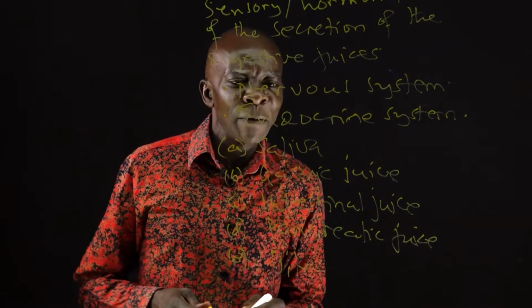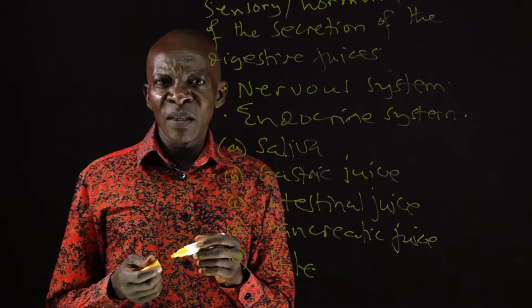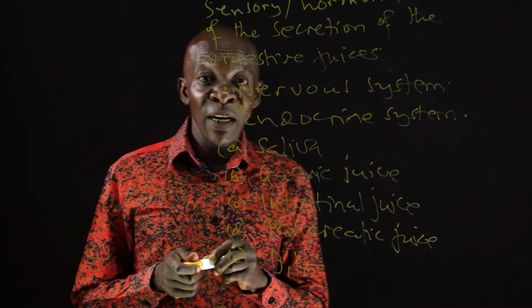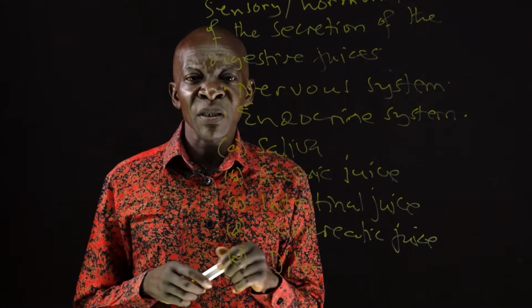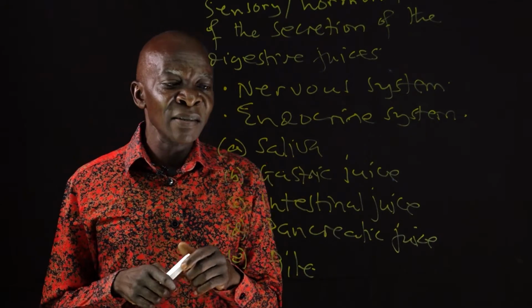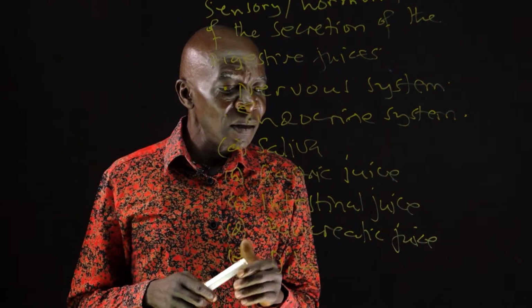And we have bile. Saliva, this is secreted by the salivary glands in the buccal cavity. Gastric juice, secreted by the gastric glands located in the gastric mucosa, or walls of the stomach.